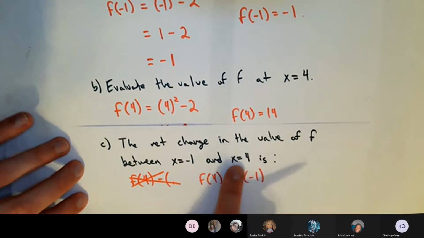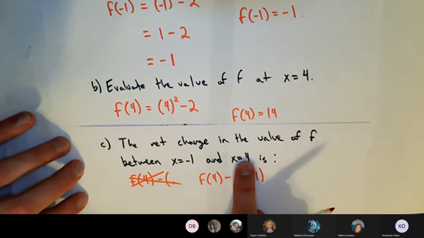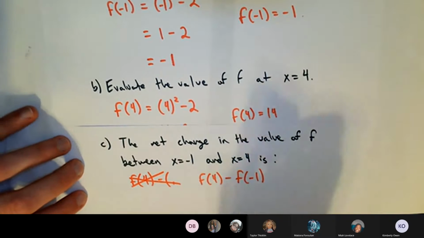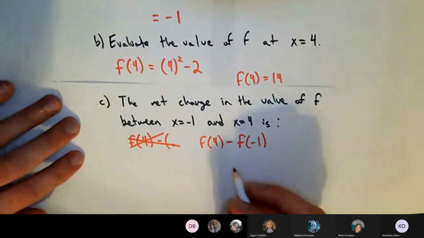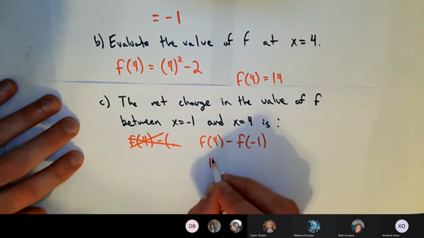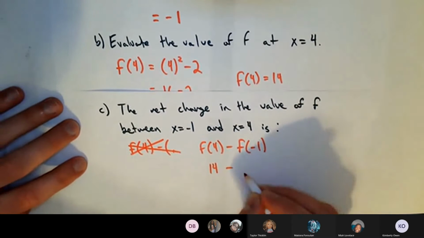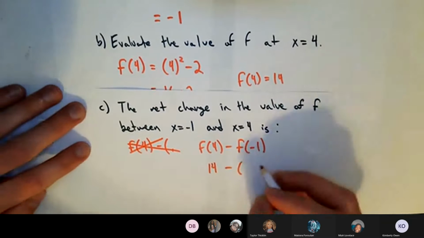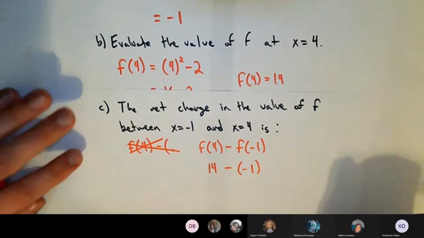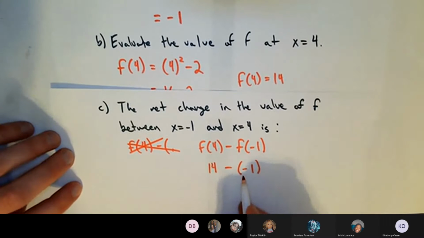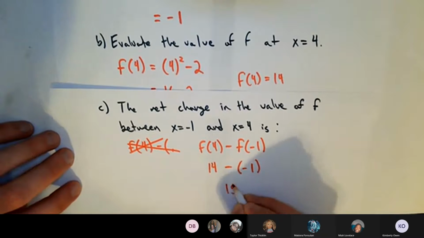And since this x value is bigger, it's coming first. By the way, we can actually evaluate this because we have f of 4 being 14 from part B, and then minus f of -1, which was itself -1. So 14 minus -1 is going to be 15.